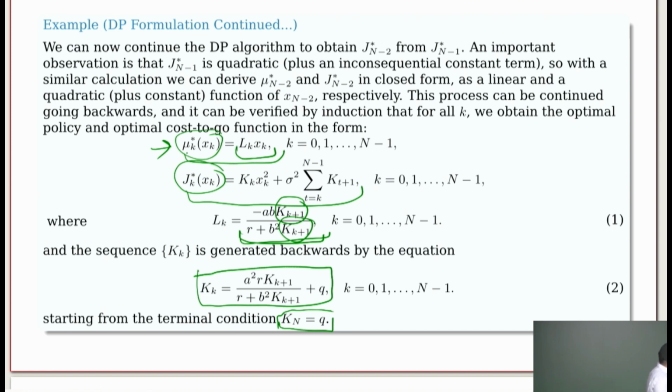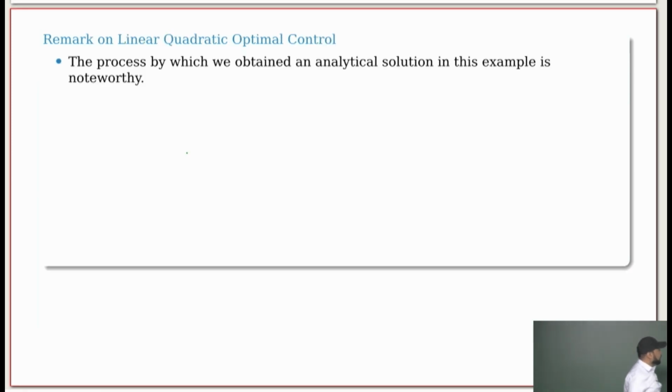There is no sigma involved anywhere when you are taking the policy, which also seems like a simplified form, because in general our policy might be dependent on the random variable. But somehow we get to a case where policies are independent, because mu k is L k x k and L does not involve any sigma. So this is also a simple case, but we may not expect such things in future.